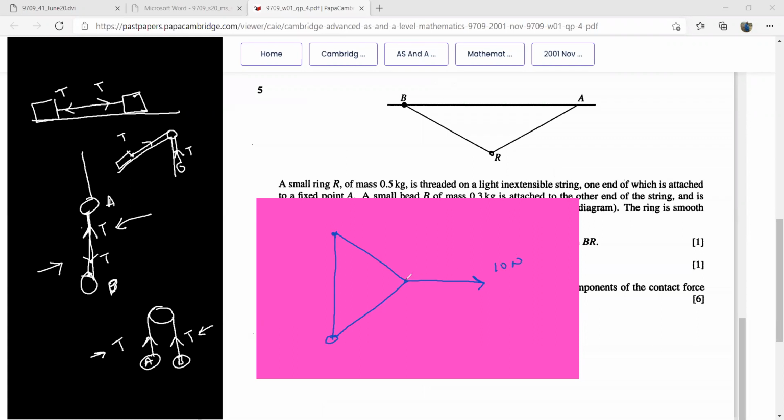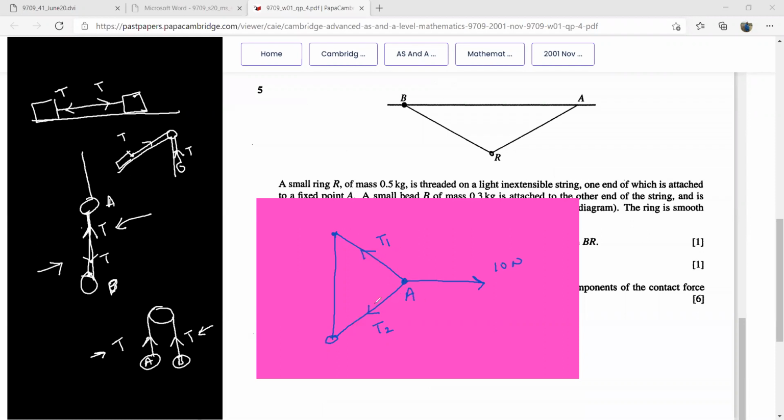Now if you look at this particle, point A, let me call this point A. If you focus on this point A, the tension in this string would be T1 and the tension in this string would be T2, directed in these ways, because this point A, if it is in equilibrium, is being kept in equilibrium because of these forces, these tensions in these strings.